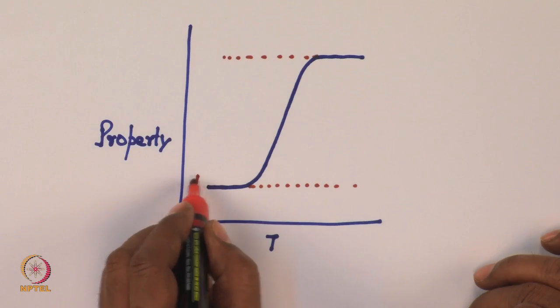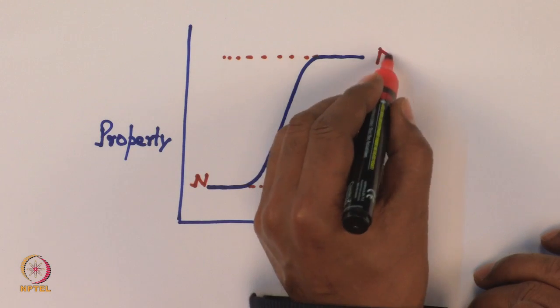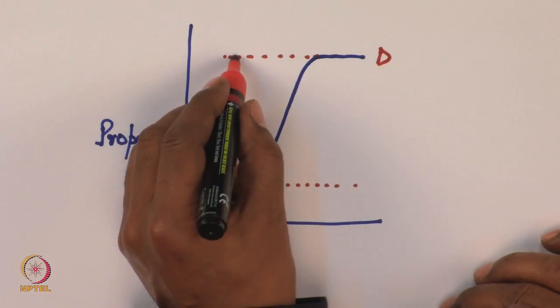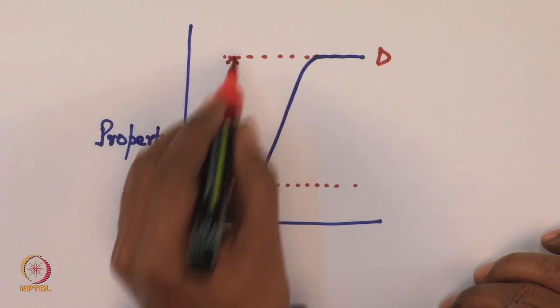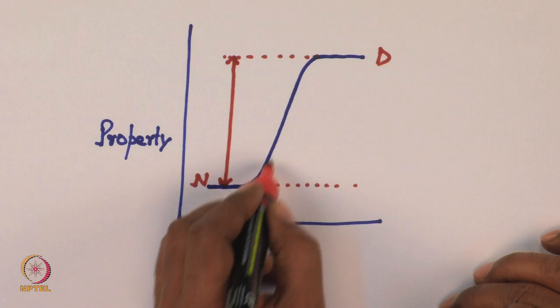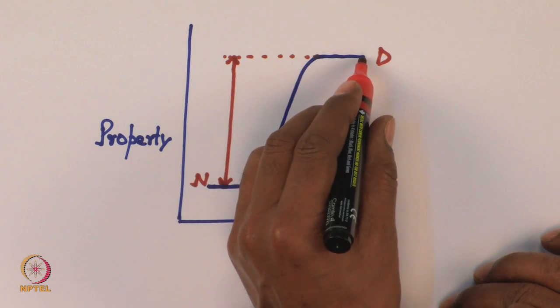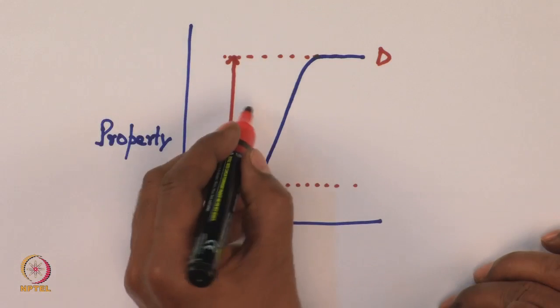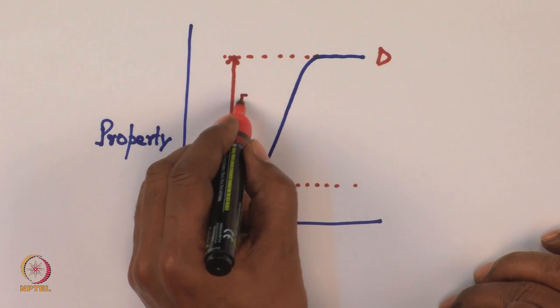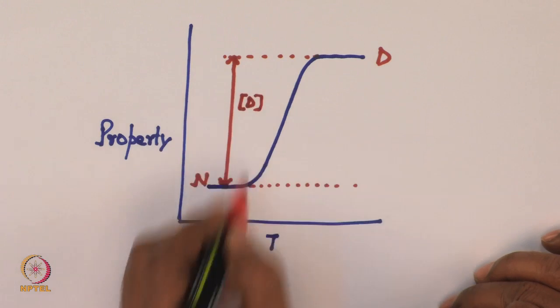If this is the native state, this is the denatured state, then this whole distance, because here the protein will be completely denatured, I can write as proportional to the concentration of the denatured state.